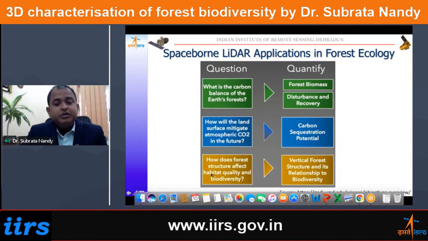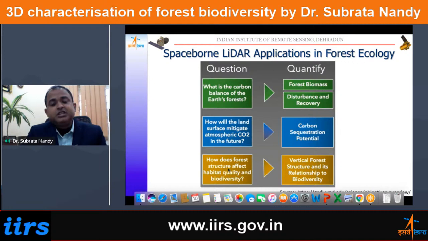We know that habitat quality is directly related to the structure. So if we get an excellent idea of the forest structure, it will be a very good indicator of how good the habitat is, and how it could affect the biodiversity.